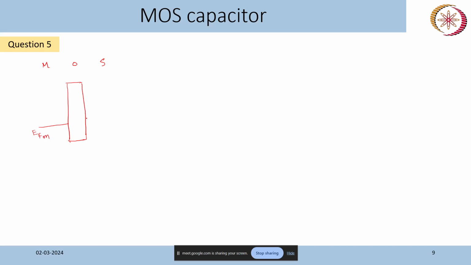Let's say the other energy levels are here: this is EC, this is EV, this is Ei, and since it is a p-type semiconductor, EF will be close to EV. In an ideal MOS capacitor, the Fermi level in the metal and the Fermi level in the semiconductor will align, but that is not the case in most practical scenarios.